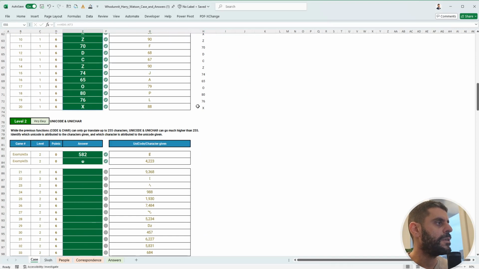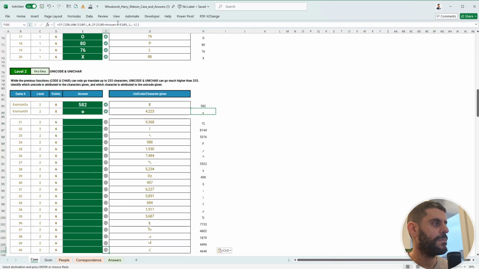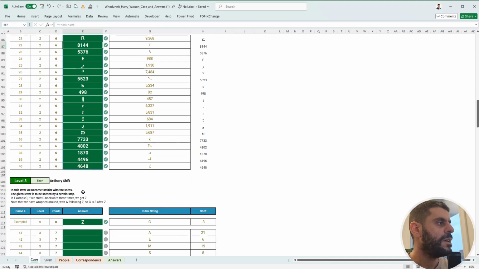And here we go. Level 2, it's the same thing, but asks you to perform UNICHAR and UNICODE, and so it's a very small adjustment. And here we go.